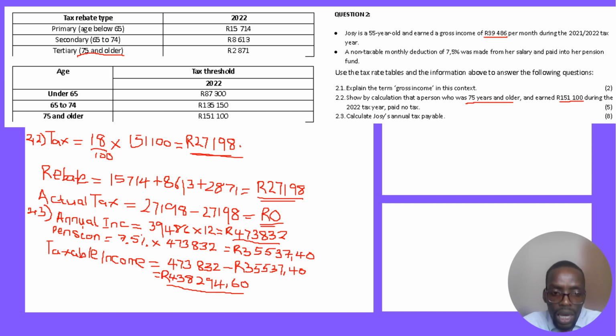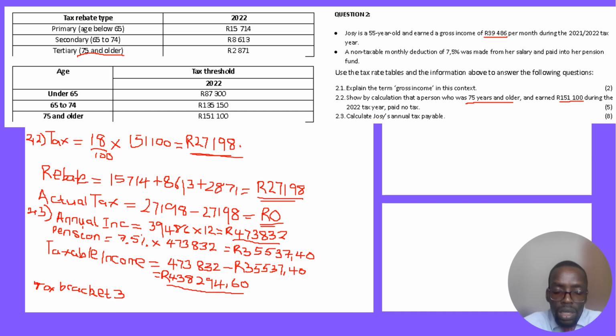So it qualifies for tax bracket number 3.